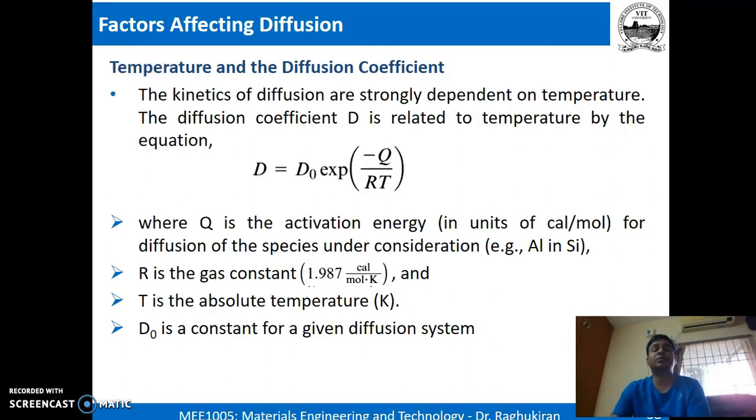That is why all these heat treatments, such as the case hardening that we just discussed, the surface hardening where you want to diffuse the atom into the surface to change the property, are usually done at higher temperatures, in order to reduce the time taken for the species to diffuse from one place to the other.